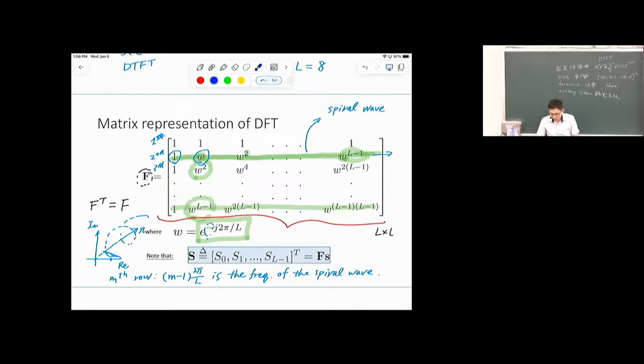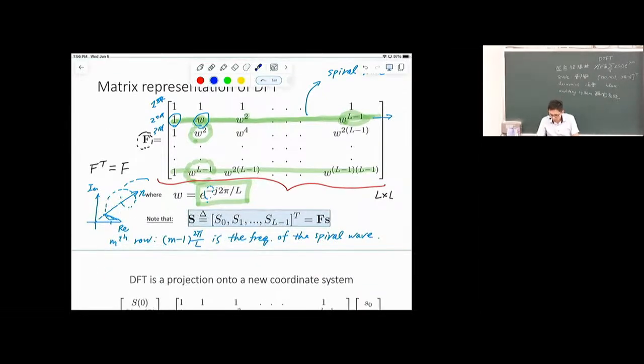But why is this important? Note that now we are going to multiply. You can verify that when we multiply this matrix with any given block of signal, that gives us a vector, right?